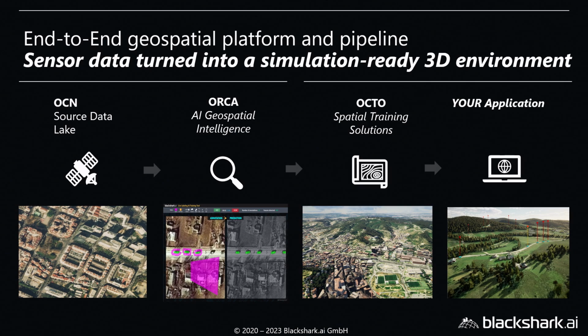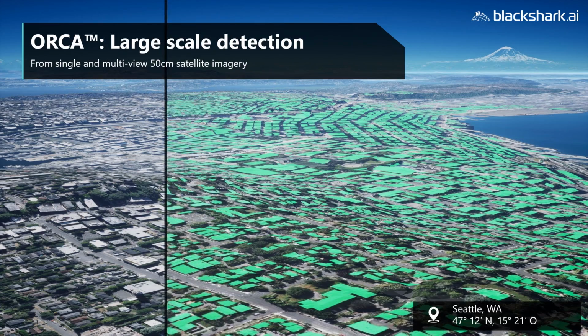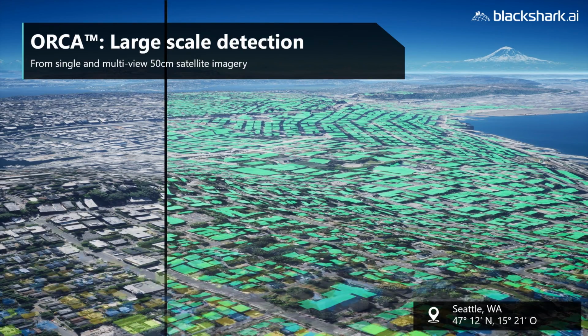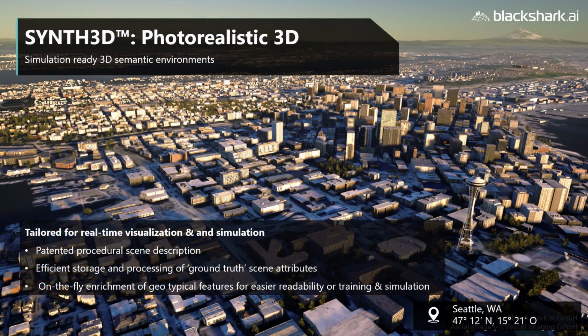And then basically you can build your simulation on top of it. Or another view on it, basically we have the imagery, we extract certain features like the footprints, building volumes, metadata, and reconstruct it at runtime in a realistic way.